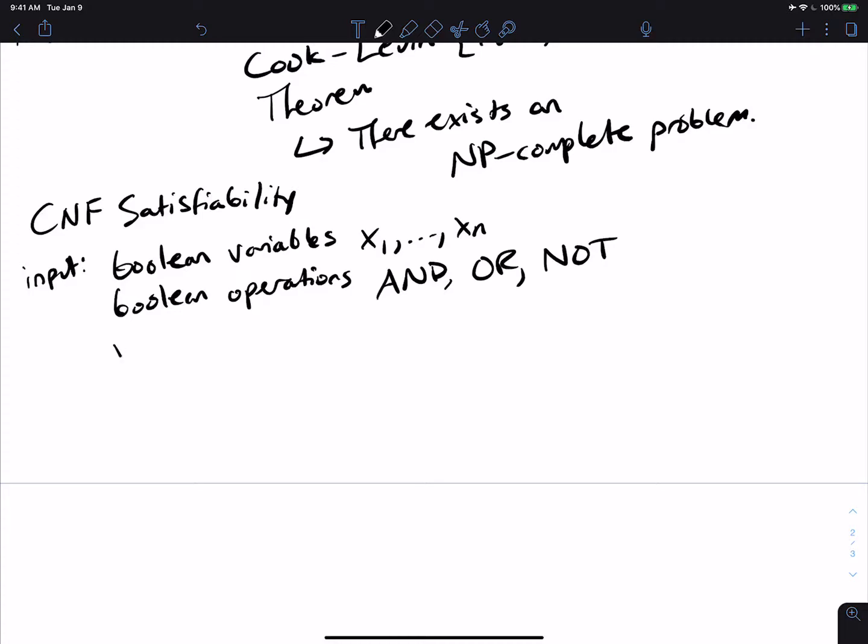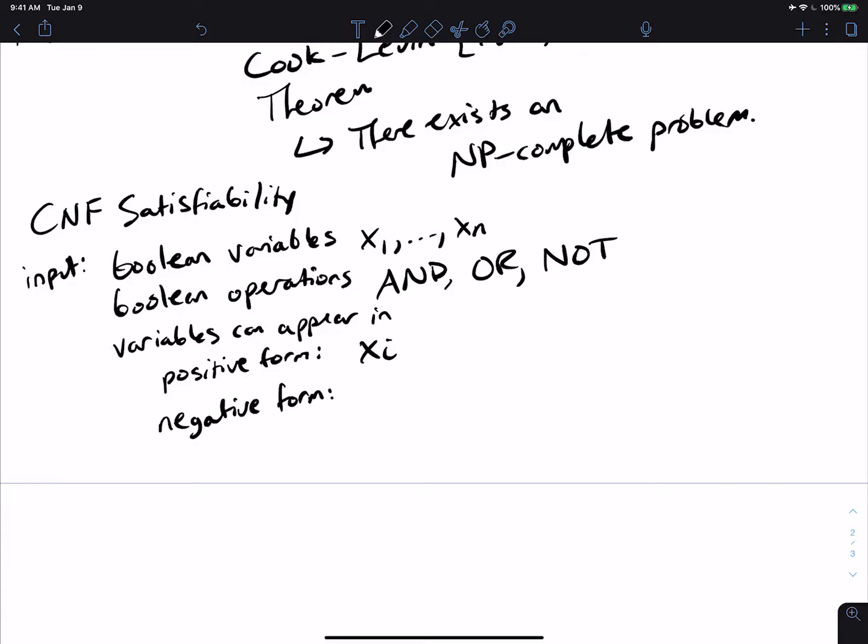The variables themselves can appear in one of two ways. They can appear in positive form, which is just the variable xi, nothing special, or in negative form, which is basically just applying the NOT operation to a variable, and that is xi with a little bar over it.